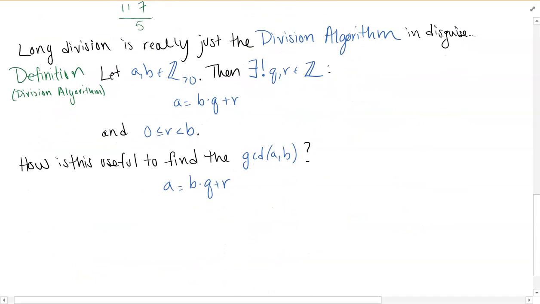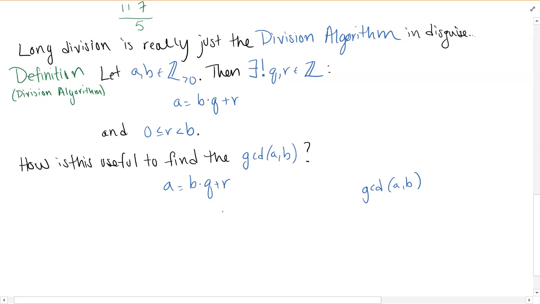So if I want to find the GCD of A and B, and remembering that idea that if I have something that divides A and B, well, that's going to have to divide the sum as well, right?